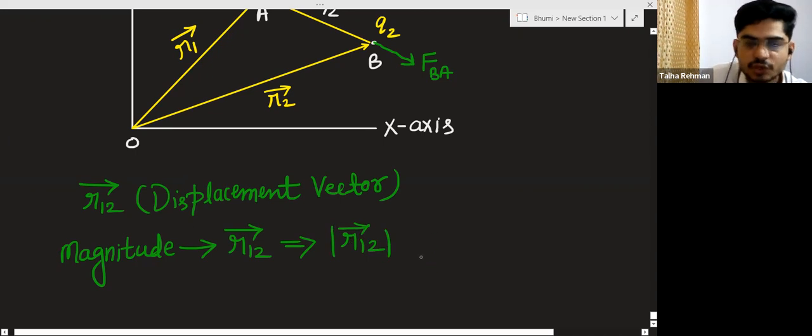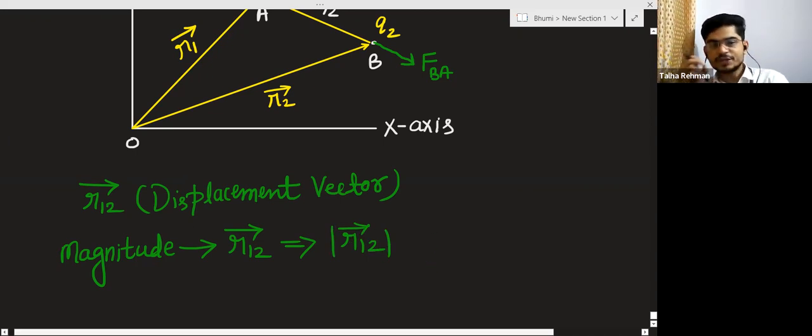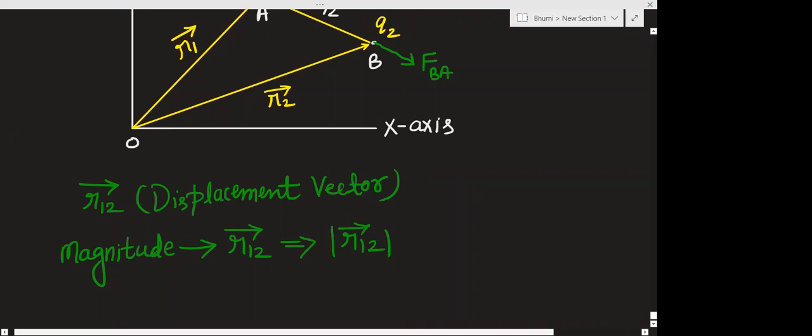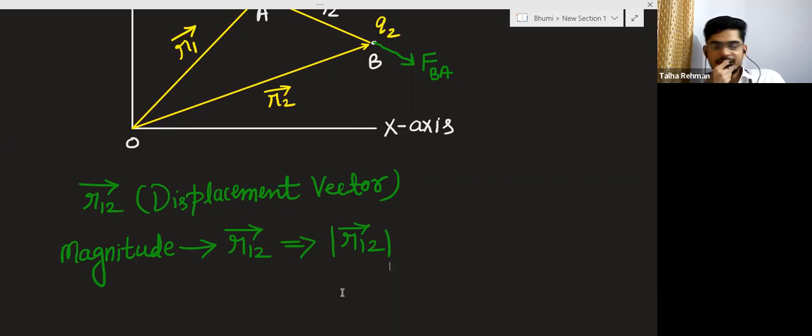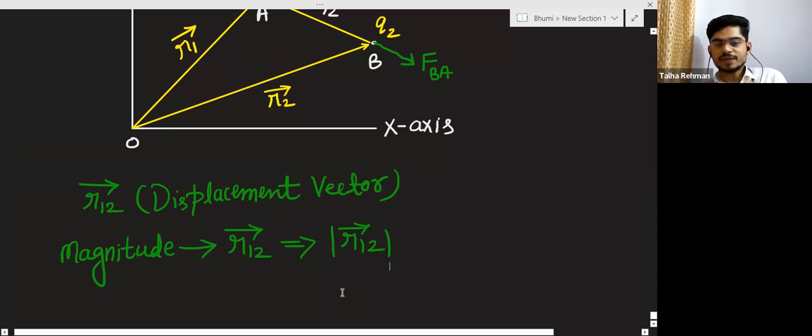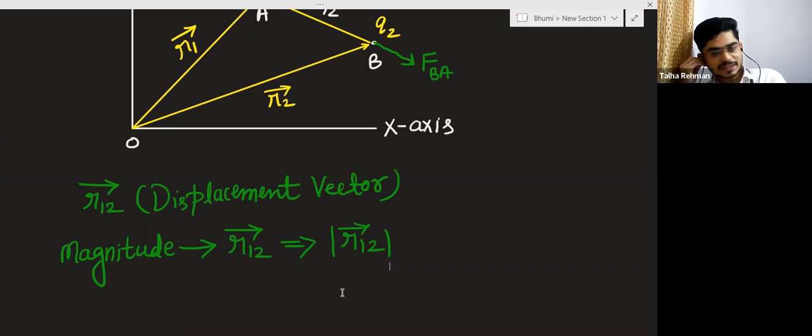This is the magnitude of this vector. We have discussed this thing, you should remember this. Magnitude means simply the distance. Magnitude is like simple distance.